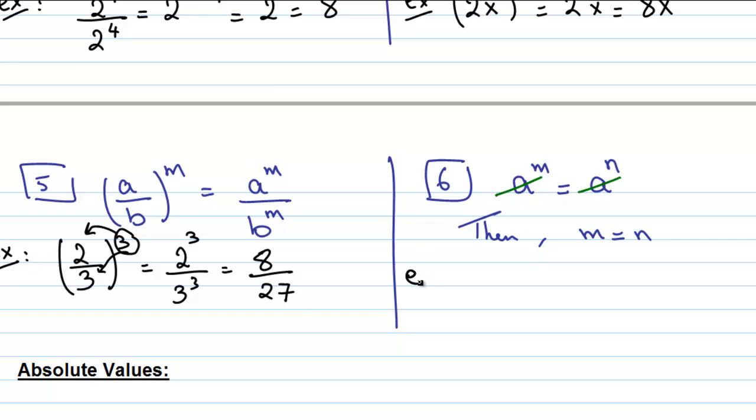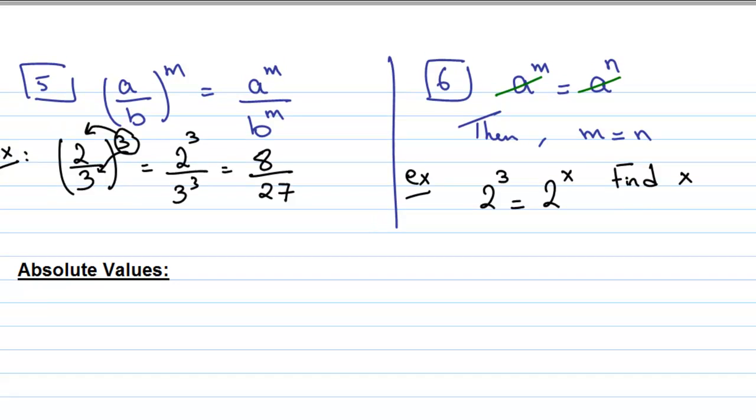Example for this one, let's say I have 2 power 3 equal 2 power x. The question says find x, find the value of x. So in this case I will apply the same rule here. You can see rule number 6.